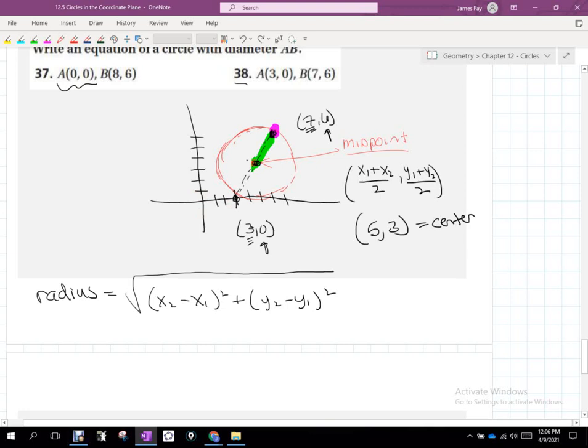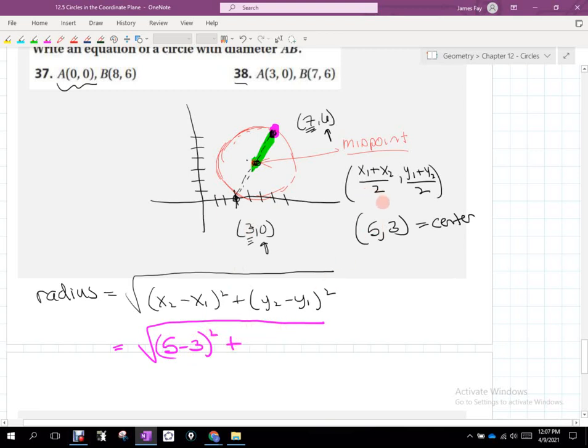Why would you choose 3, 0? Because of the 0. Because we're going to do subtraction here in the formula, and 0 is an easy number to subtract from. So I'm going to say that my midpoint, we go 5 minus 3. Square that.